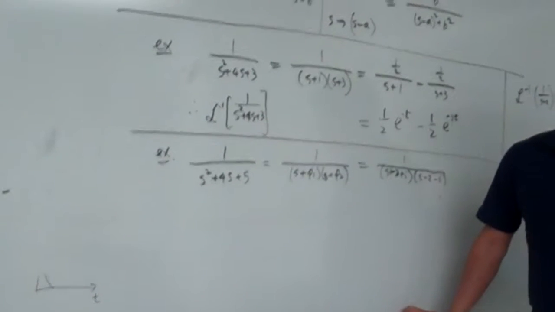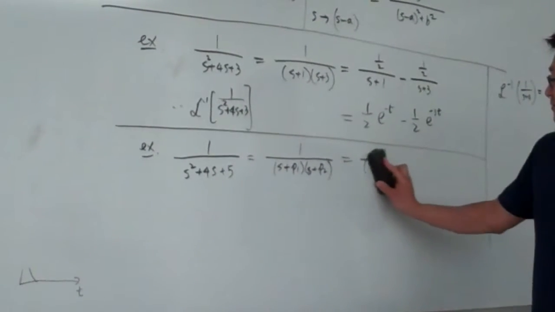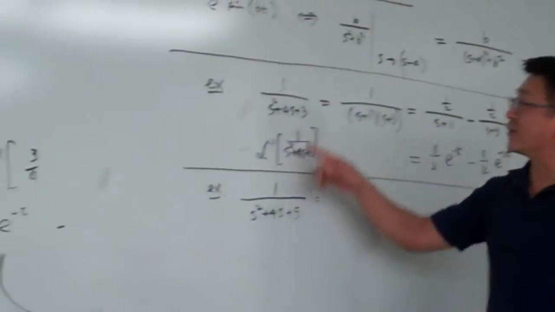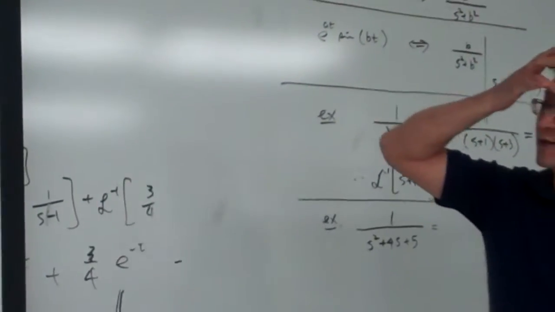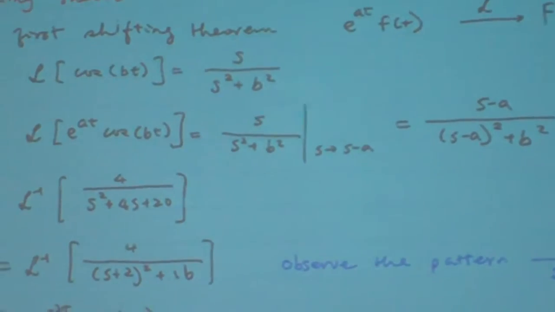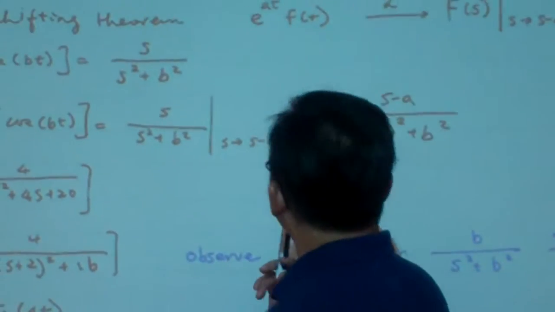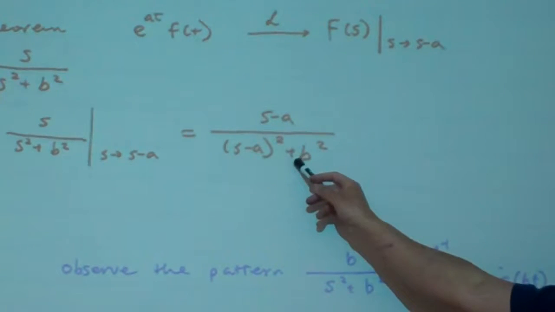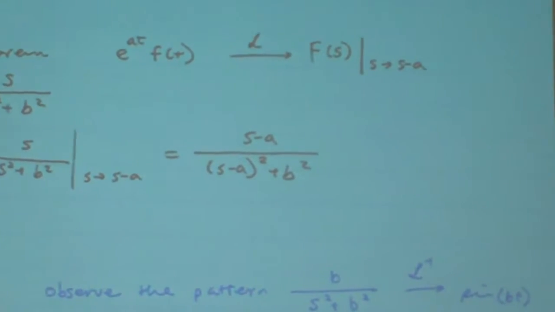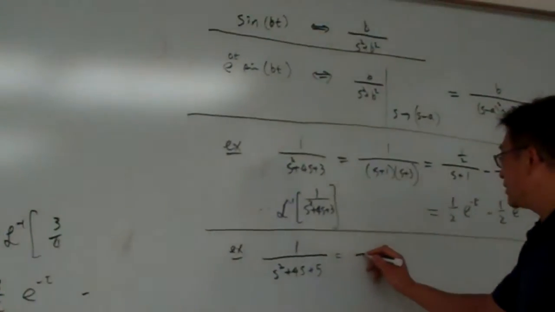So this won't work. The way you can try is to apply the shifting theorem. The concept is to rewrite the denominator as a combination of something like this, by completing the square: make one squared term and leave the remainder. So let me do this one.